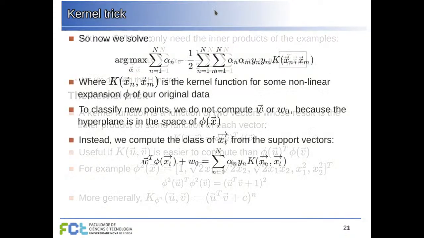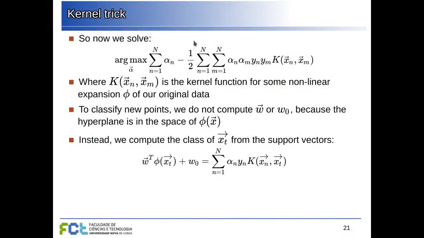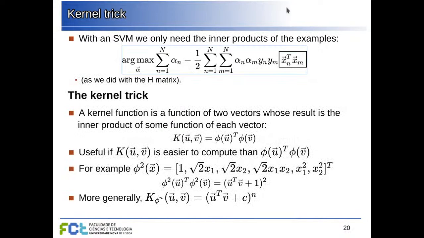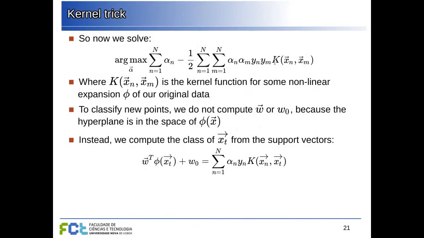So let's see what happens here. We can replace this inner product here with the result of some kernel function. And in this case, we are implicitly expanding our data into a very high dimensional space, computing the inner products of all our examples in that high dimensional space, and then using the support vector machine as a linear classifier in that higher dimensional space.